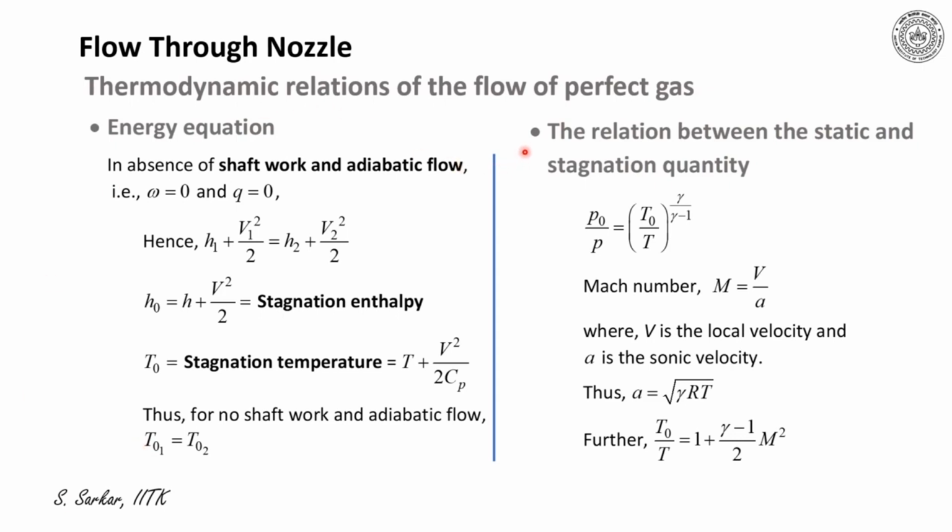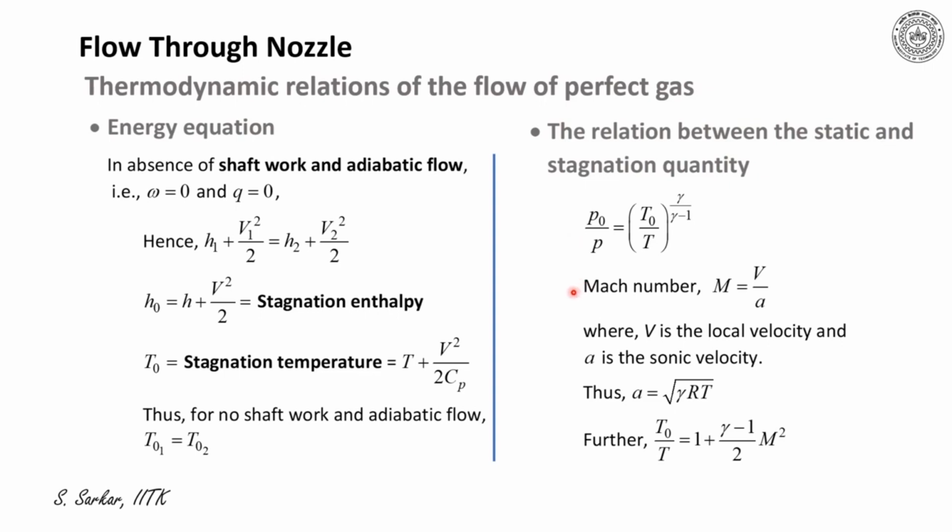Further, I've stated here the relation between the static and stagnation quantities, which can be expressed as P0 divided by P is equal to T0 by T to the power gamma by gamma minus 1.